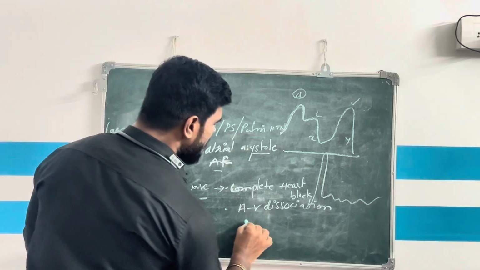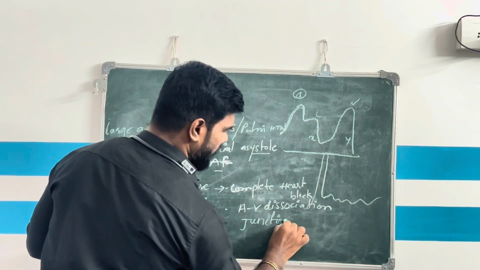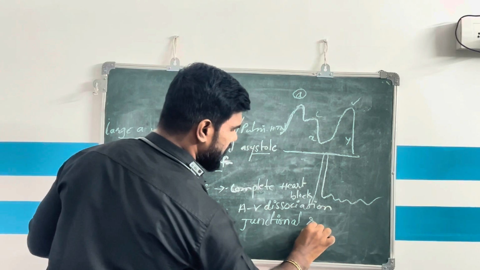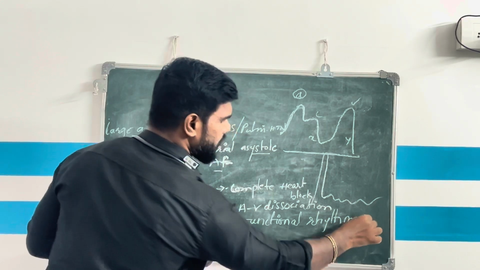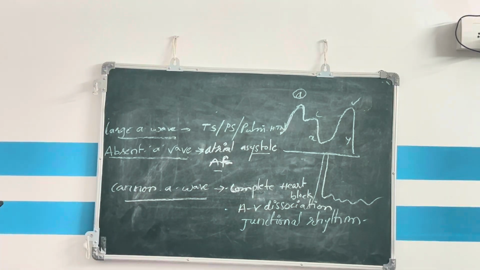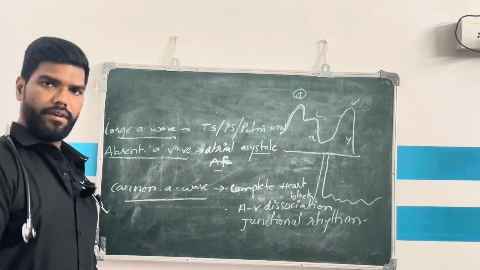Sometimes in junctional rhythm also it produces cannon A waves. Right? This is about the A wave.